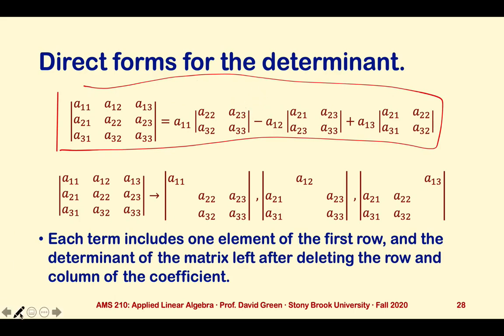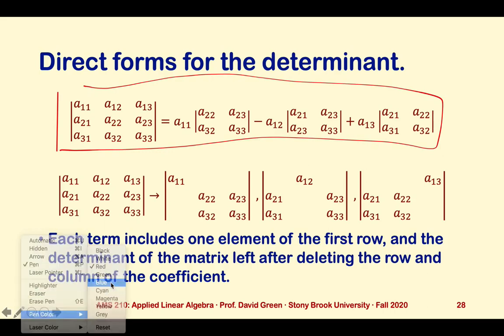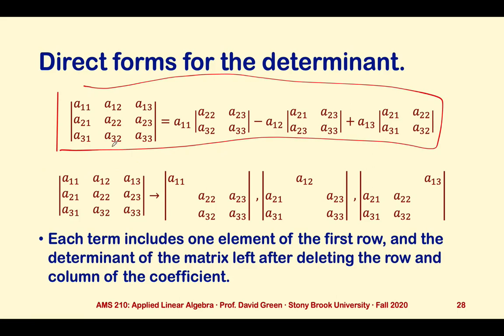Let's now try to relate these back to the original matrix. Our original matrix, A11, with all entries here. What are the elements involved in this term?